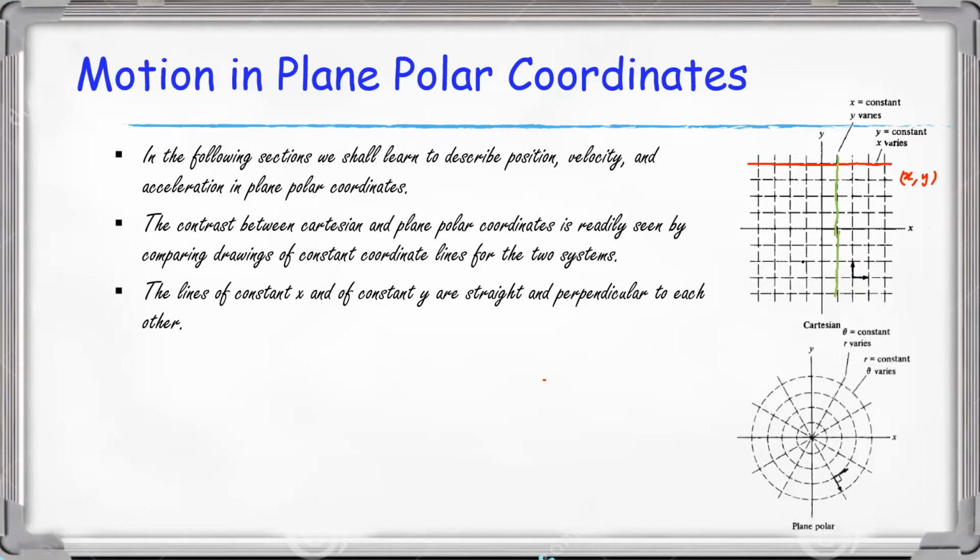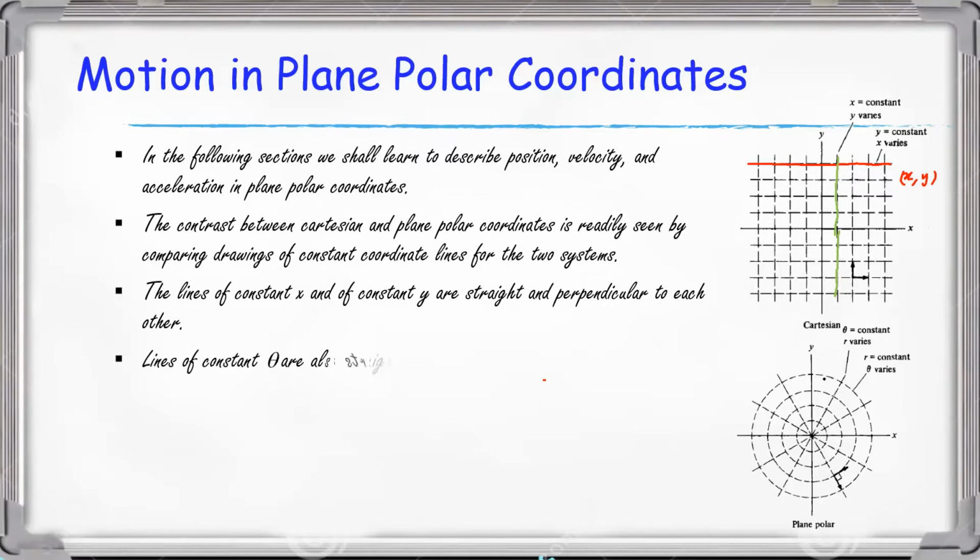Then consider our polar coordinates. In polar coordinates, there are two coordinates, that is r and theta. Considering this line, theta is equal to a constant, the angle is a constant.